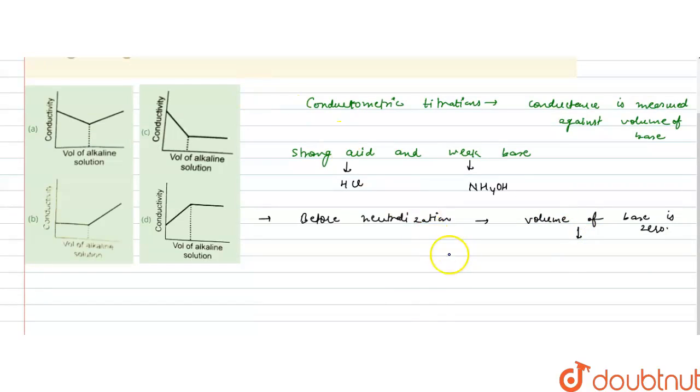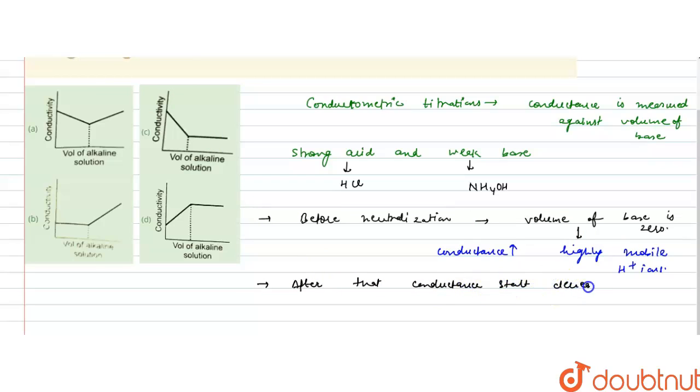Conductance is high due to the presence of highly mobile H positive ions, and after that the conductance starts decreasing due to the addition of the base.